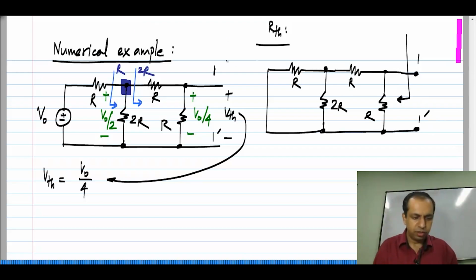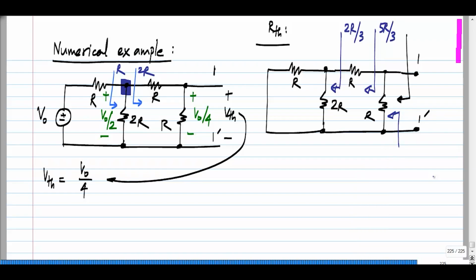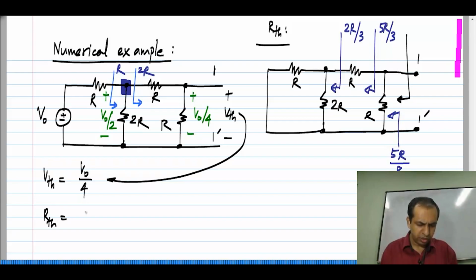Looking here, I have 2R parallel R which gives me 2R by 3, and here I have that 2R by 3 in series with R which gives me 5R by 3, and finally here I have 5R by 3 in parallel with R which gives me 5R by 8. So, the Thevenin resistance is 5R by 8.